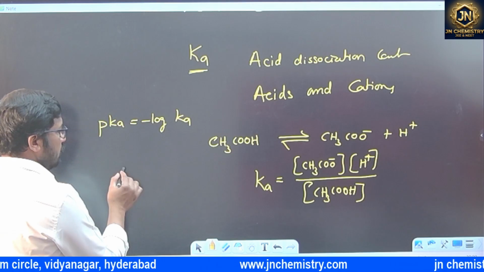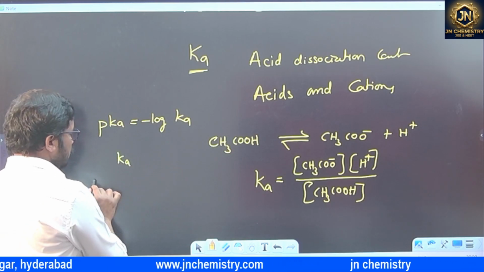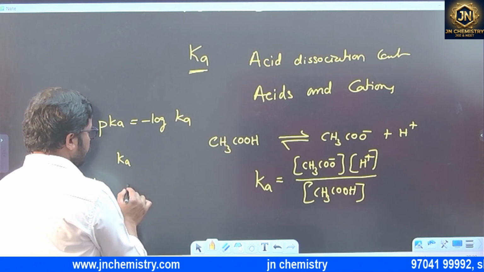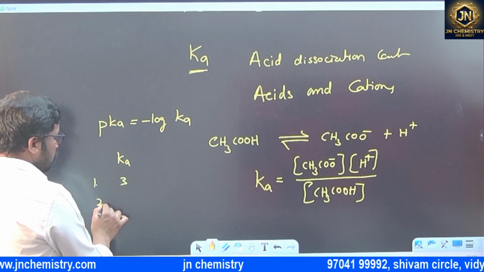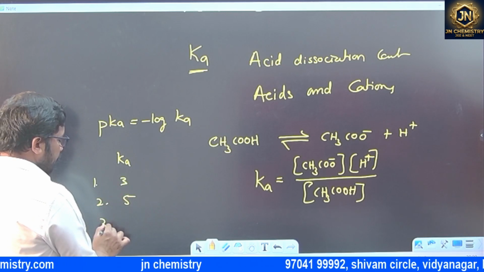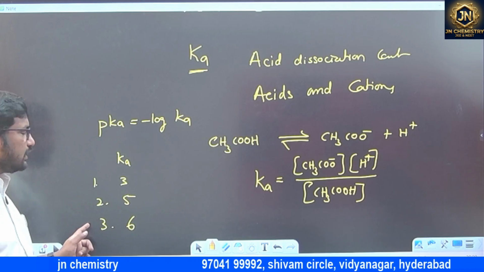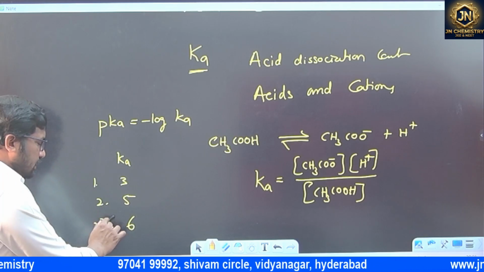For example, Ka values: acid 1, 3; acid 2, 5; acid 3, 6. Which is the stronger acid? 3 is the stronger acid.